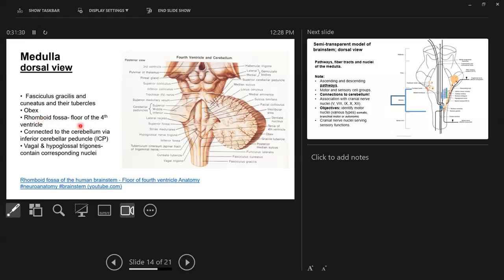Now, once again, the rhomboid fossa is the floor of the fourth ventricle.